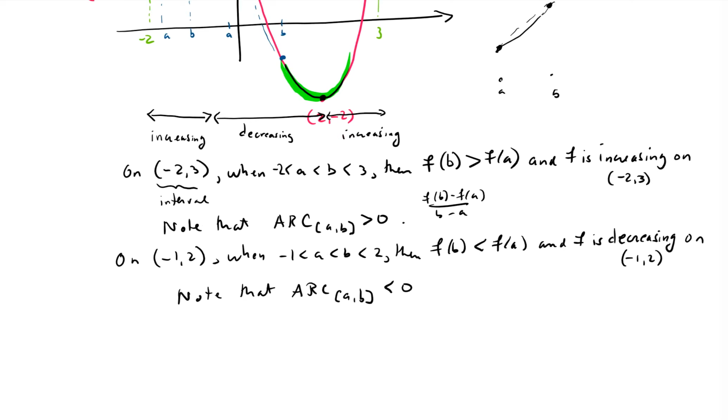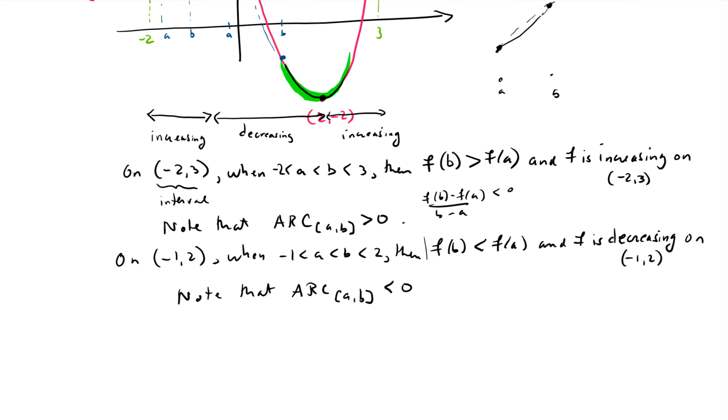So if it's negative here, the denominator at the bottom is always positive. So the sign depends on what f of b minus f of a is. If we're in the case where f of b is less than f of a, then f of b minus f of a will be negative. So a negative over a positive will give you something that's negative, less than 0.